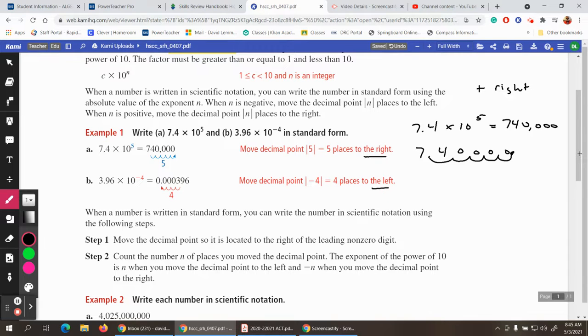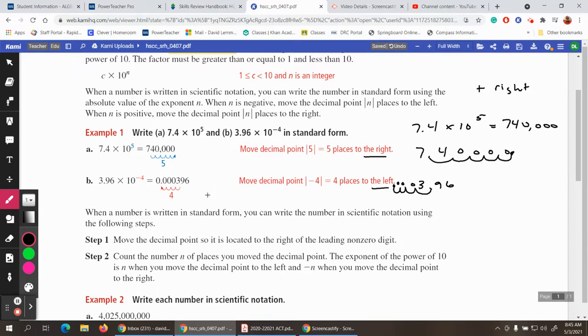Okay, when it's a negative number, it moves to the left. So that is 3.96, and it's going to move 1, 2, 3, 4. The gaps are zeros, so that's why it equals this here.